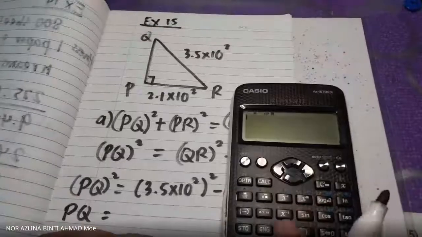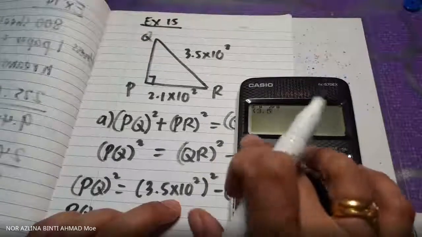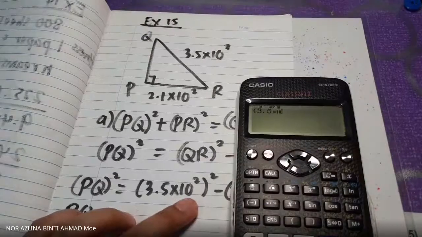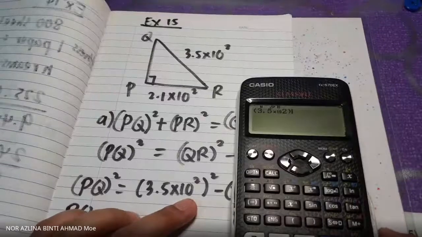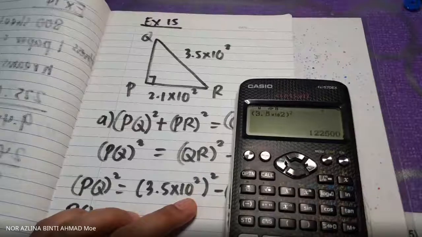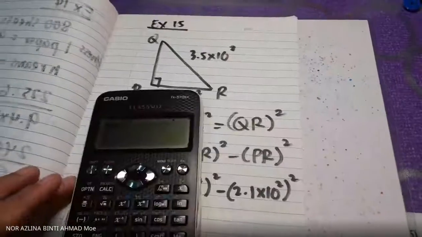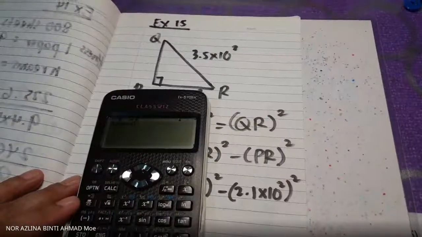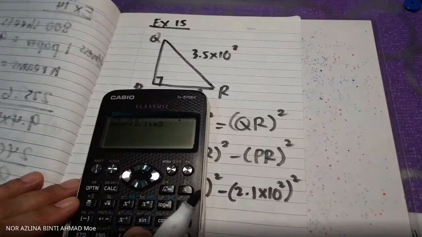In bracket, 3.5 exponent 2, close bracket, then square, equal, minus, open bracket, 2.1 exponent 2, square.